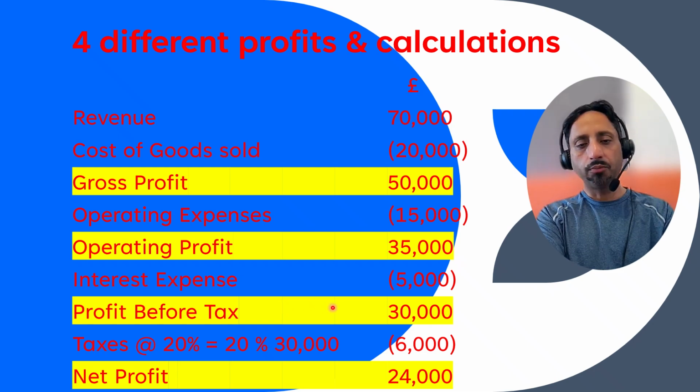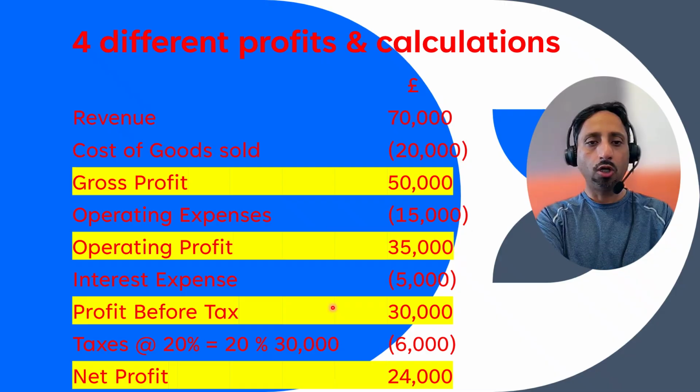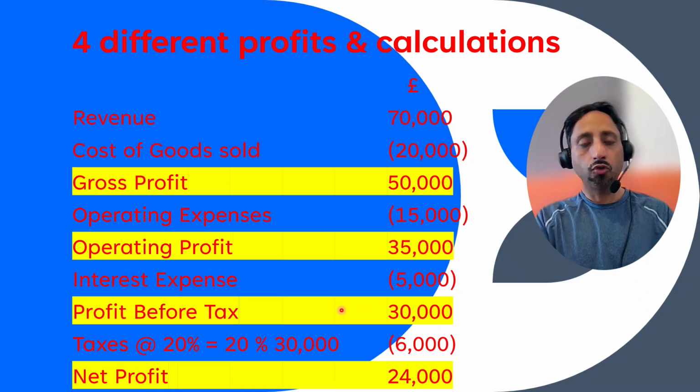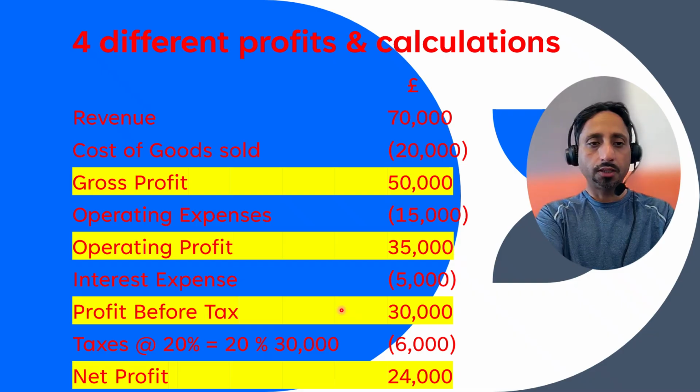Now, this profit before tax is really important because this is the profit on which you have to calculate your tax, because that is the profit that is taxable. So for example, if the tax rate is 20%, so 20% of whatever you get here, like profit before tax, that is 20% times 30,000.